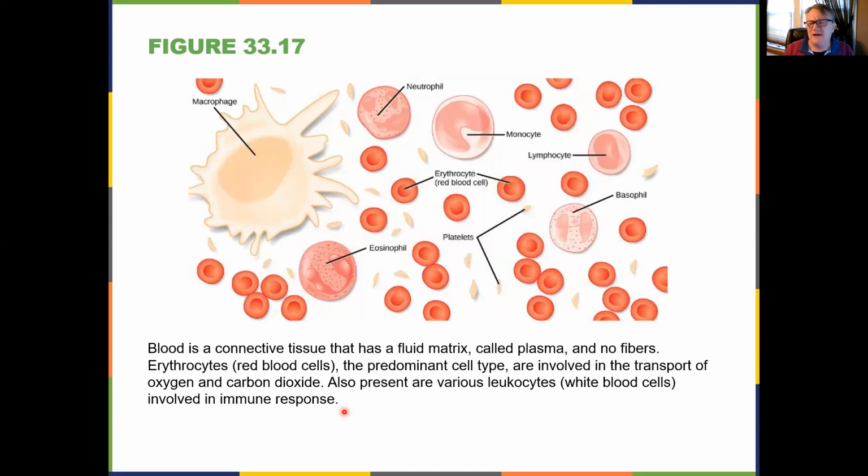Finally, we have a type of connective tissue that you may not think of as being tissue, but it's simply blood. Blood is composed of cells, red blood cells and white blood cells. We're going to talk about that in much more detail when we discuss the circulatory system. But remember, the definition of connective tissue is that it's cells living within a matrix.